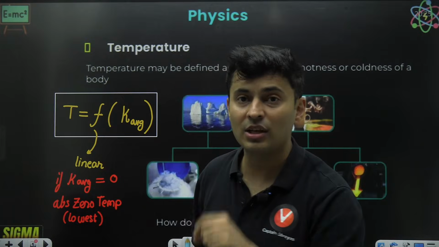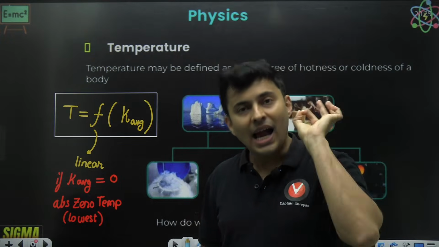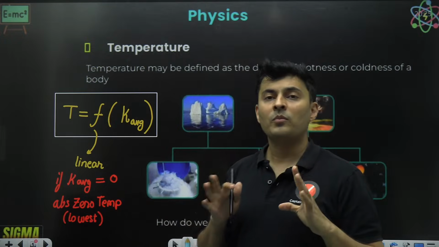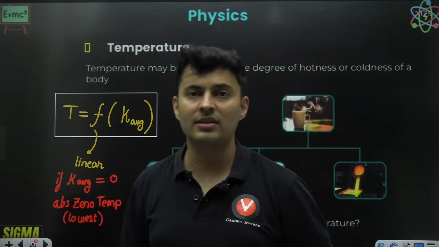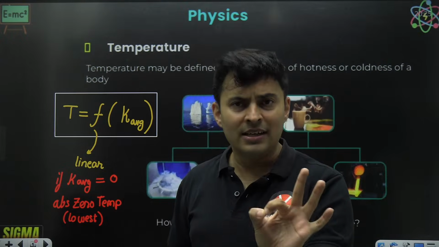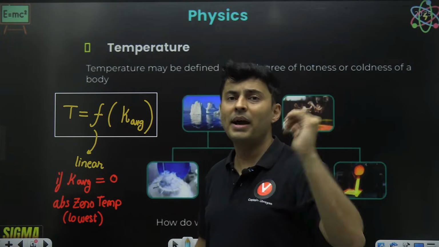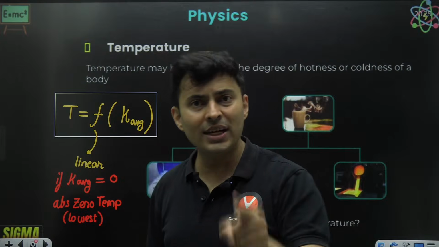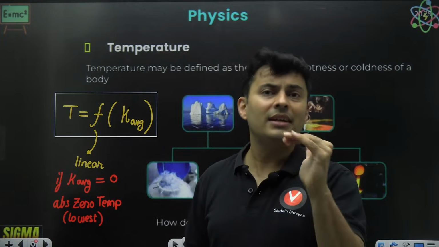What is the meaning of absolute scale? Those scales whose zero actually means that the temperature is really zero, or basically the lowest value. Example, the Kelvin scale. 0 Kelvin actually means it is the lowest temperature. You can't go -1 Kelvin. But there are some scales in which the temperature, when it is 0, does not mean it is the lowest.